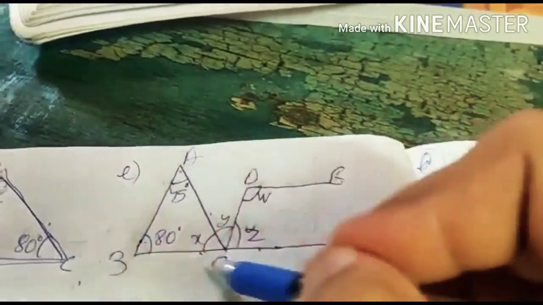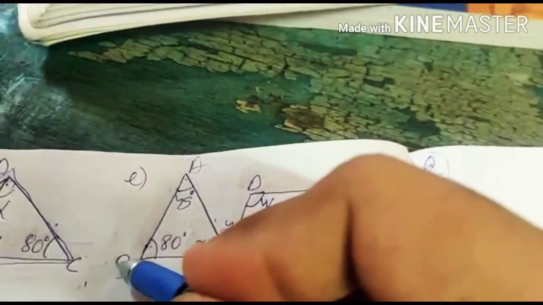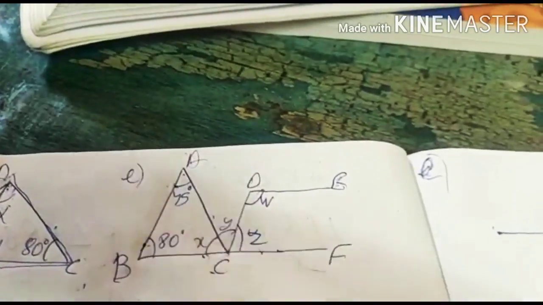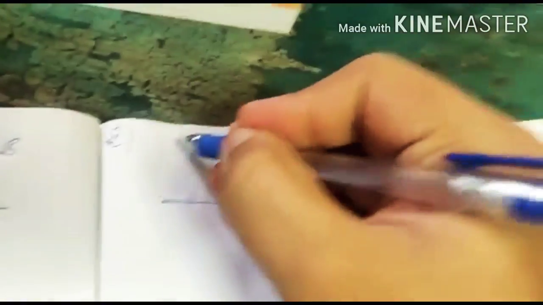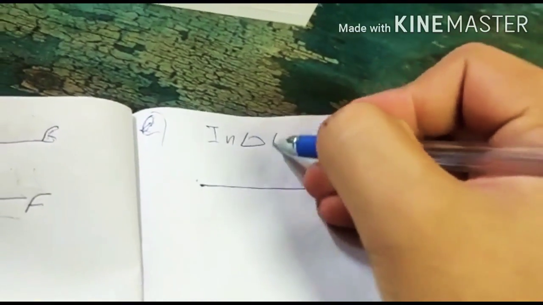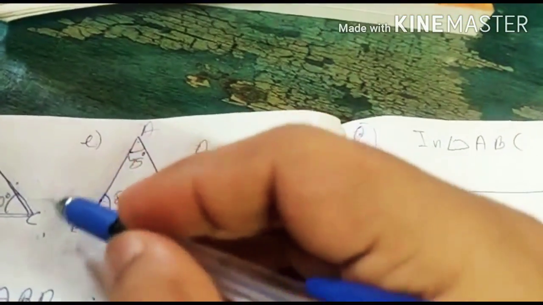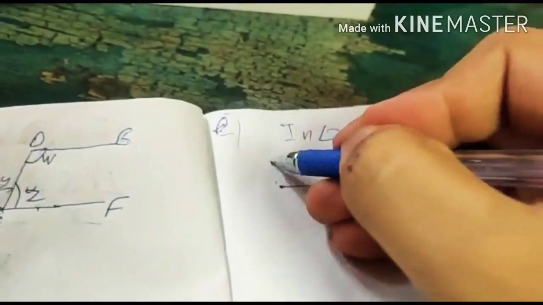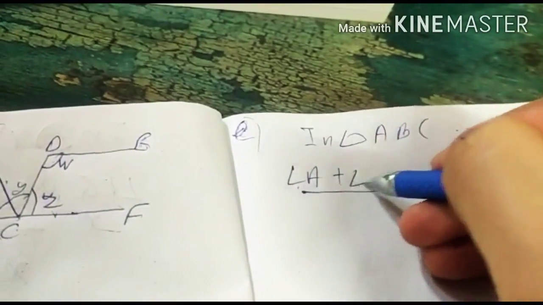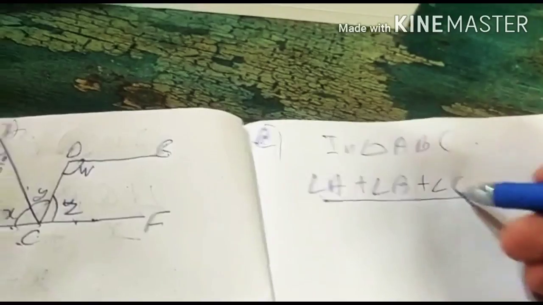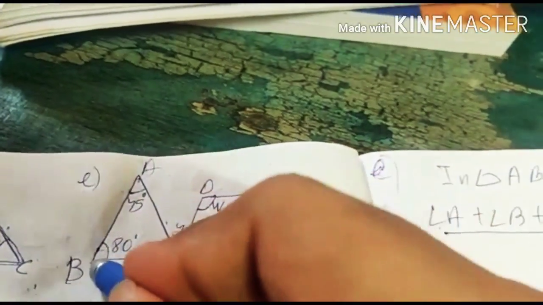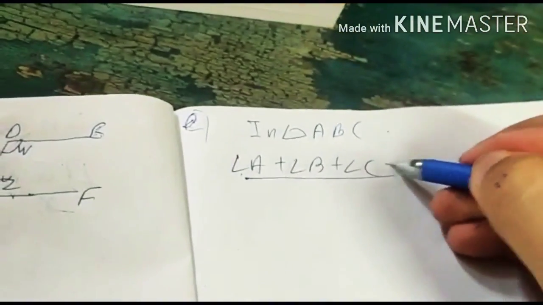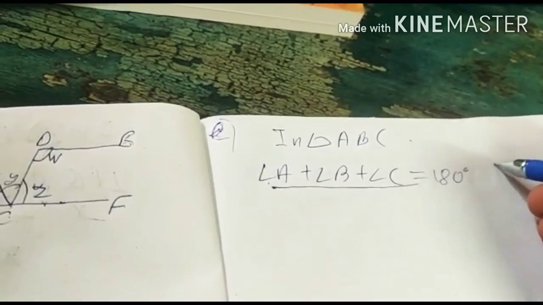So in triangle ABC, this angle A plus angle B plus angle C is 180 degrees. How?